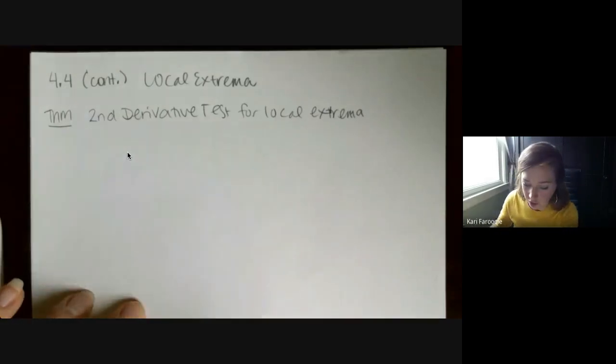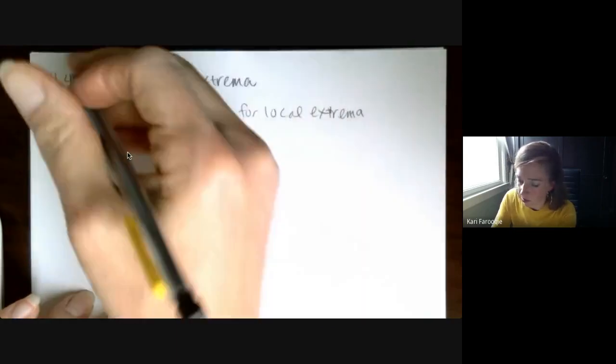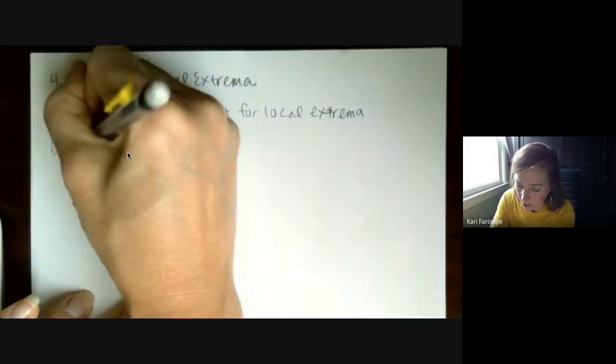Let f be a function for which f prime and f double prime exist on the open interval from a to b.